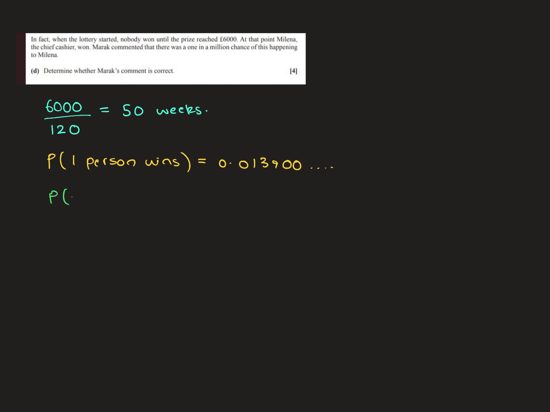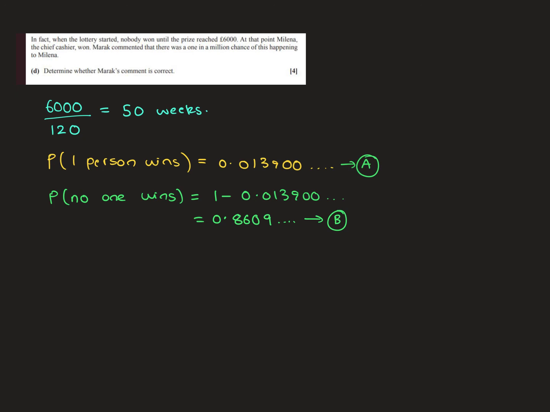So the probability that no one wins is going to be 1 minus that probability, which comes to 0.8609... And I might well store this carefully in a calculator memory. These are numbers, so I've got them for later use as needed.